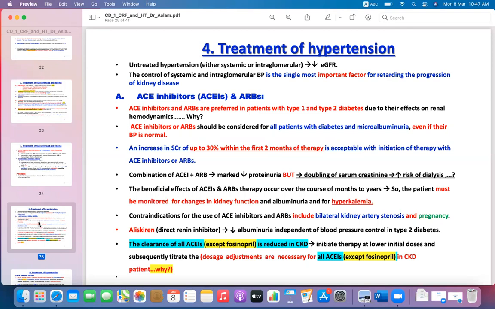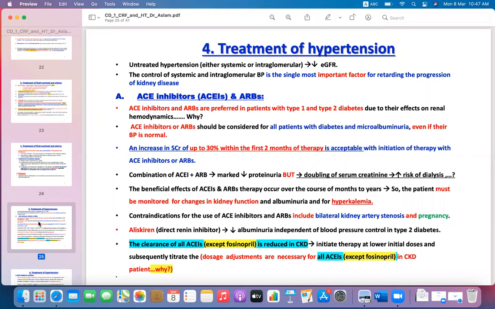As per the Joint National Committee 8 recommendations, the goal of blood pressure in a patient with chronic kidney disease should be less than 140 by 90, 140 systolic and 90 diastolic.